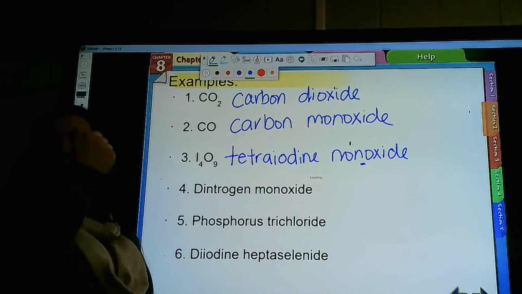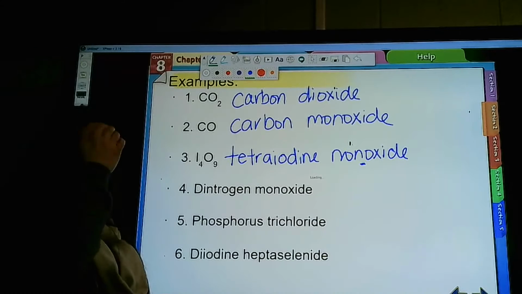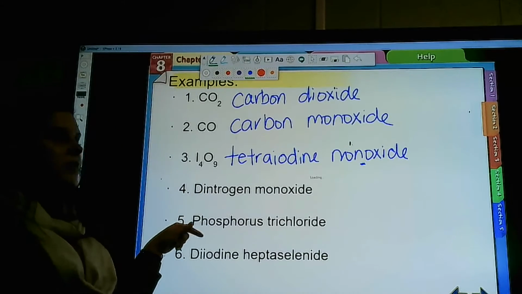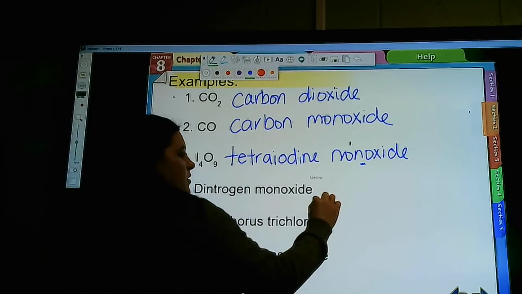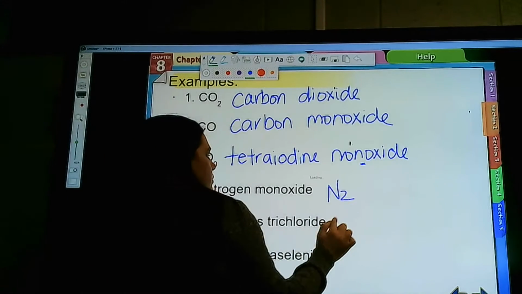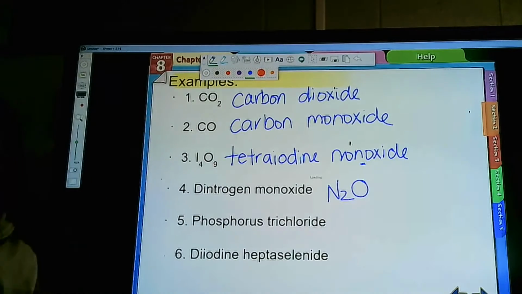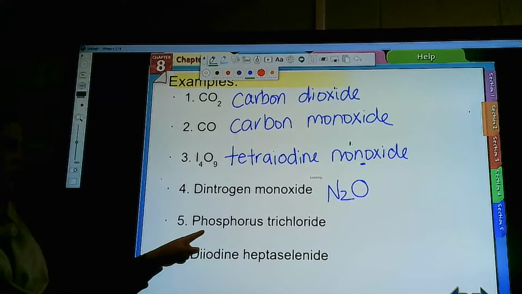All right, now if we do the opposite, where we're just writing the formulas, we just write down the element itself, and then the prefix tells us how many. So we have dinitrogen, so this is going to be N2. Monoxide is just 1 oxygen. So N2O is that formula. Phosphorus trichloride.